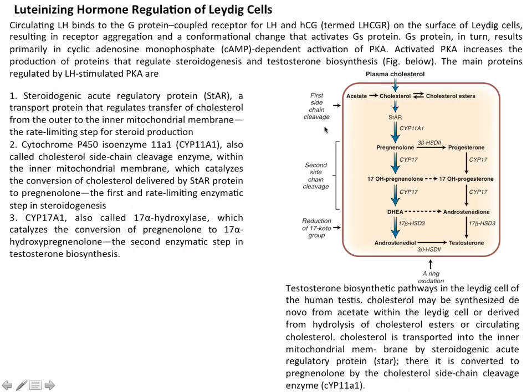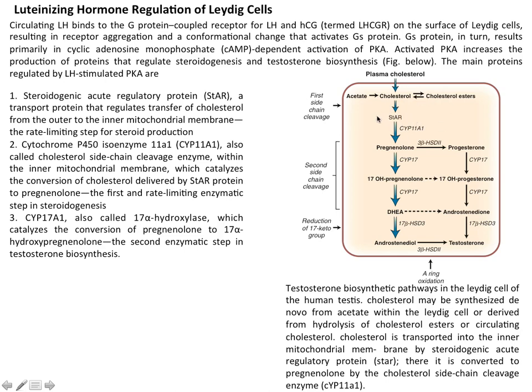Now here I have shown the luteinizing hormone regulation of the Leydig cell. As you know, the Leydig cells are the main cells for the production of testosterone. So the testosterone synthesis takes place inside the Leydig cells, and here you can see how cholesterol can be converted into testosterone by six important enzymes.